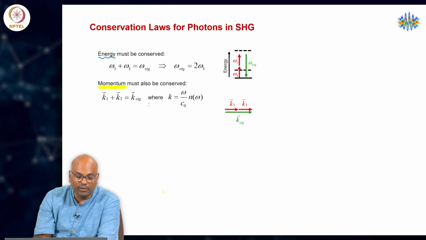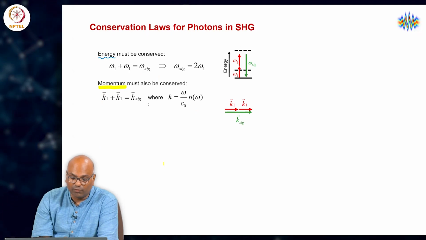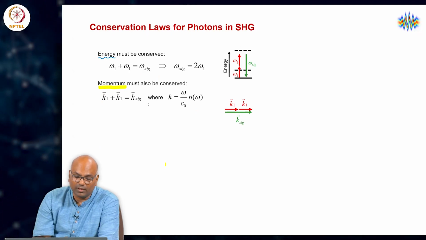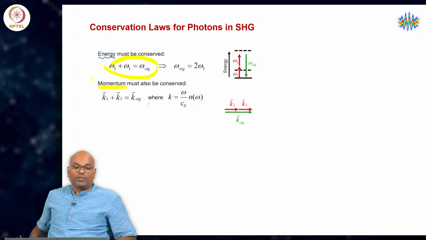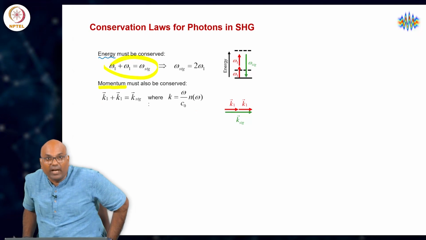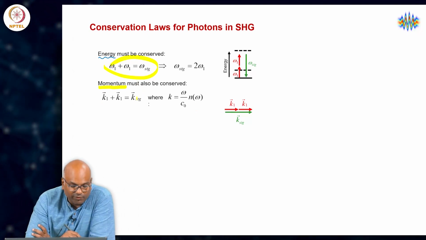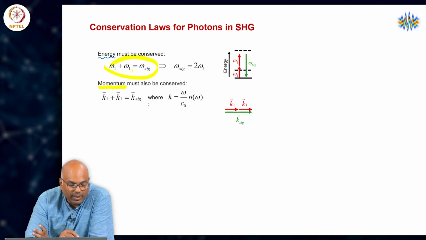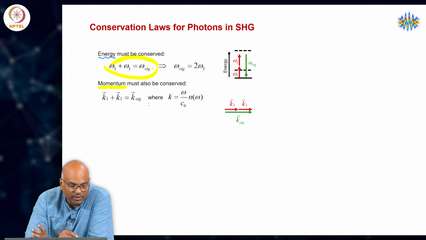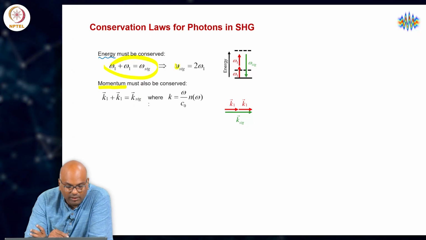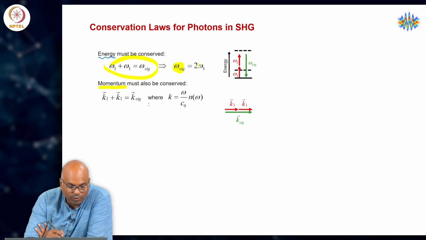So, energy and momentum conservation must be done simultaneously. As we considered in our earlier discussions, in second harmonic generation, the two omegas of interest combine as omega 1 plus omega 2 to result in a signal omega signal, so that the omegas add up to give twice omega 1.